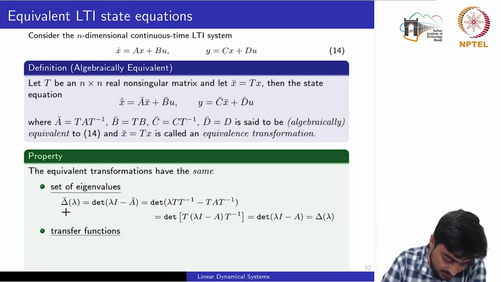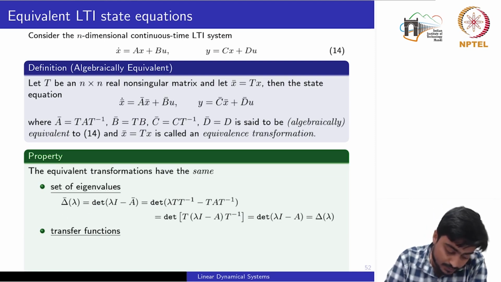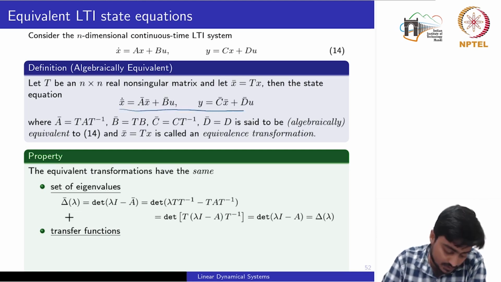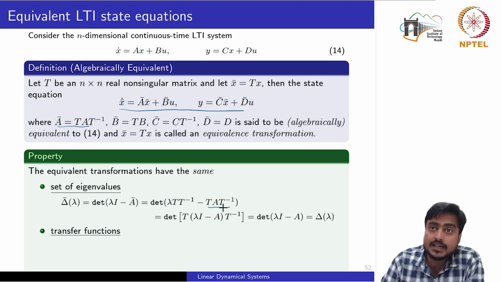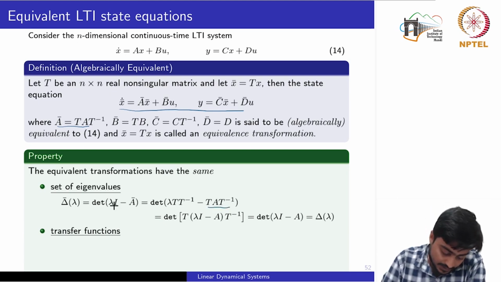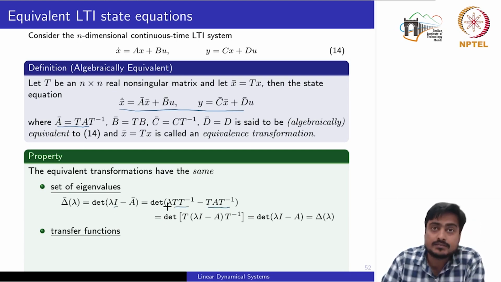Let's say we define the characteristic polynomial of this representation by delta bar of lambda, which is given by the determinant of lambda I minus A bar. Now if I replace A bar from this equation, we get T A T inverse, and I replace I by T into T inverse.